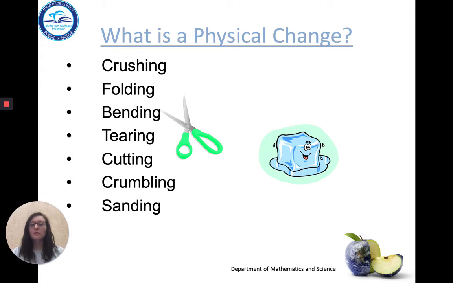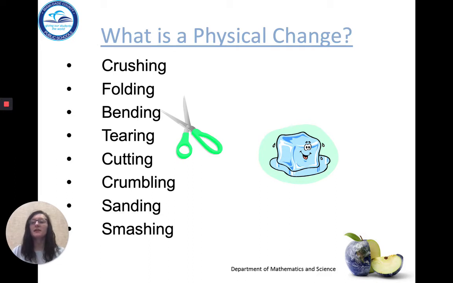So crumbling, so that's kind of like when before we had scrunched up the piece of paper. Sanding would be where we would take a very coarse piece of paper and we would rub it against a piece of wood, and then we get that nice smooth finish on a piece of wood. And then also smashing, so that's kind of the same with the crushing.